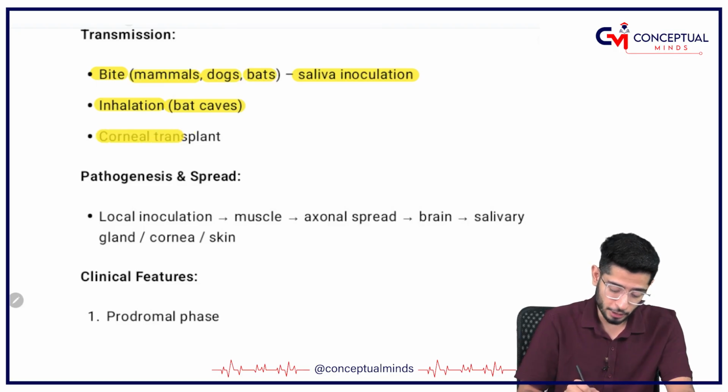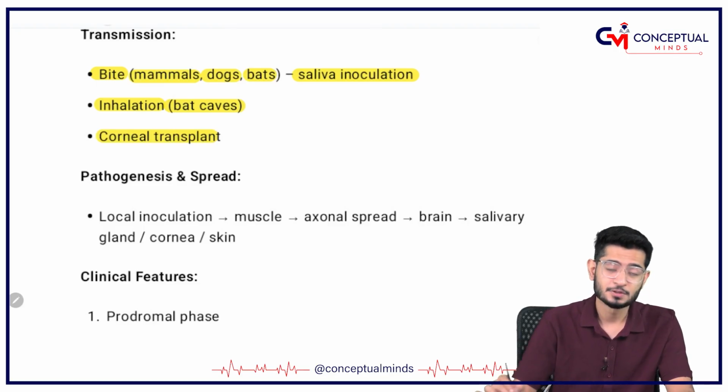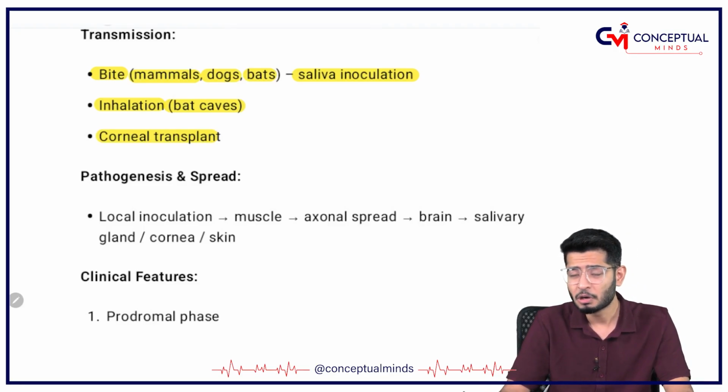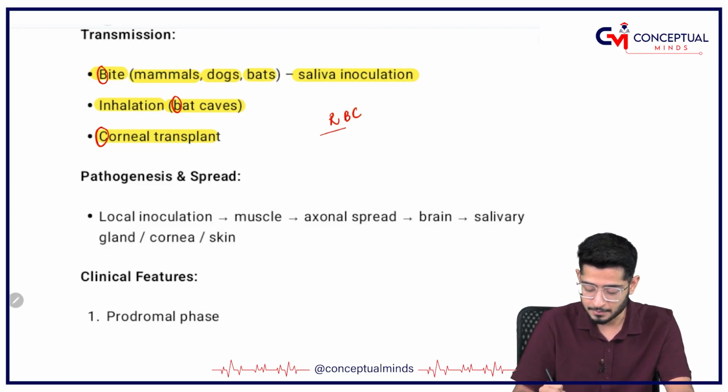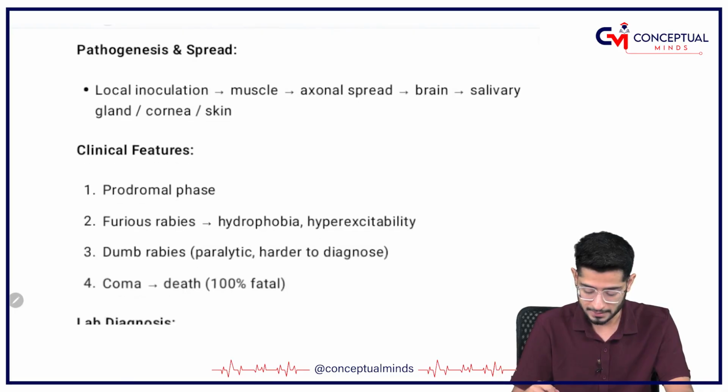Next is corneal transplant. So it is transmitted through the cornea as well. Three things I have told you, my dear friends: one is the bite of mammals, next is bat caves, and the third is cornea. The mnemonic says RBC: R for rabies, B for bite and bat caves, C for corneal transplant.